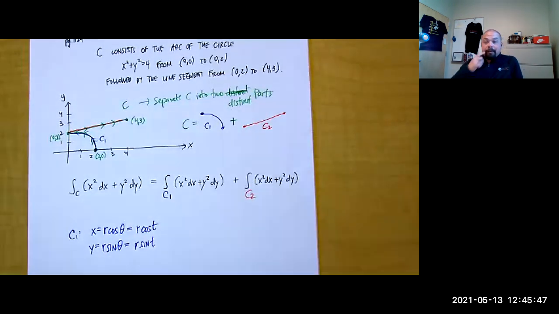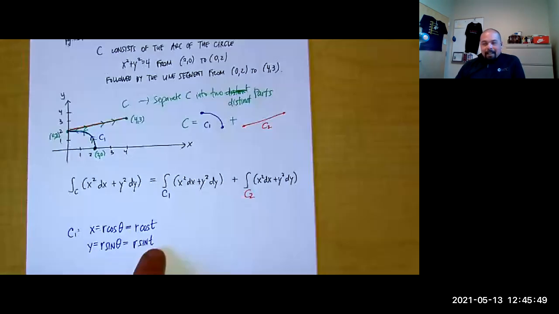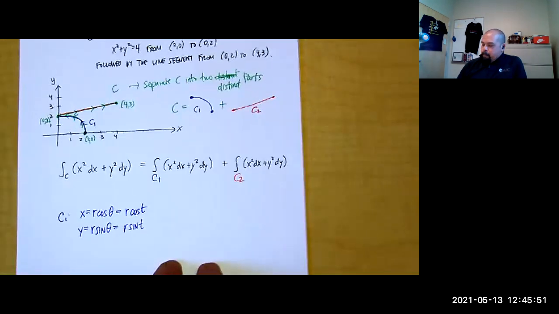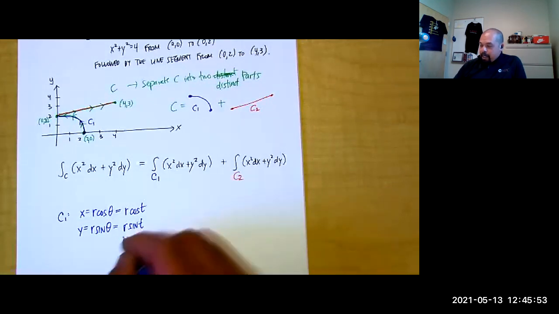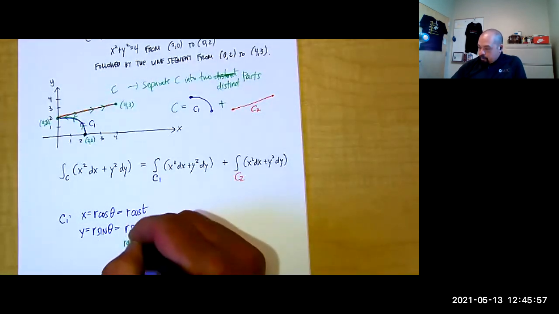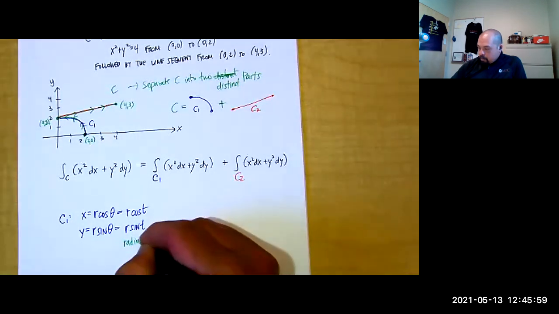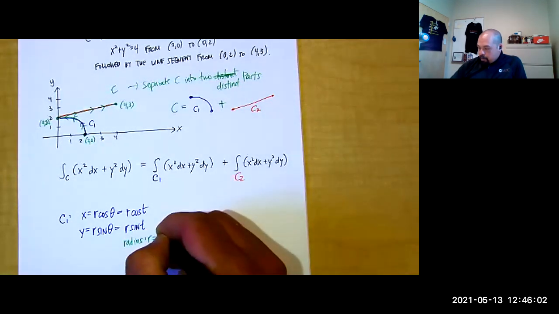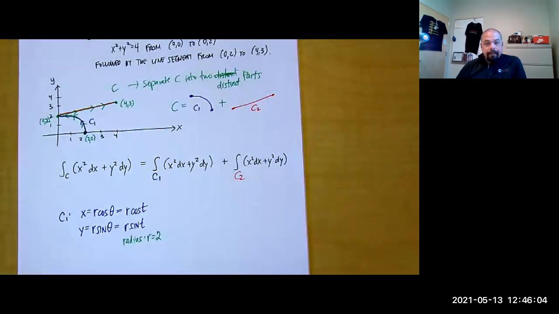We can use theta as our parameter if you want, or t, since most often we're looking at t. So then this radius is equal to 2, right?